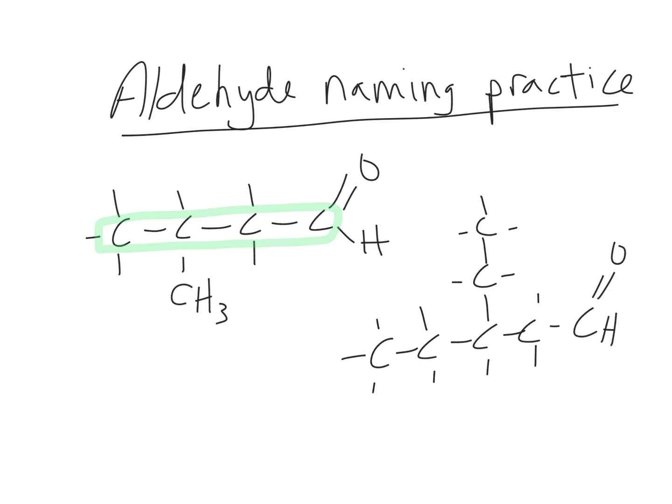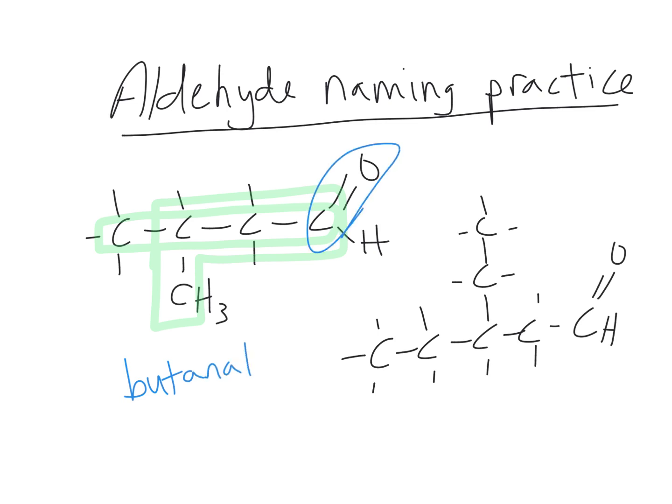You might think of it as that set of 4, or this set of 4, it doesn't really matter. The longest run is 4, so the prefix is going to be but. And this is going to be butanal because we've got the terminal carbonyl group making it an aldehyde.